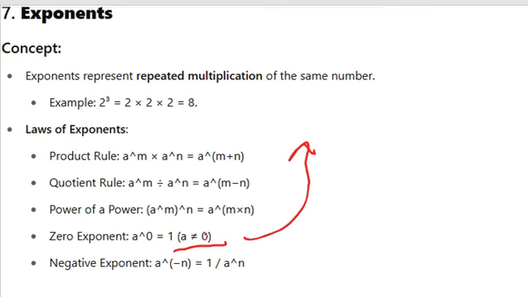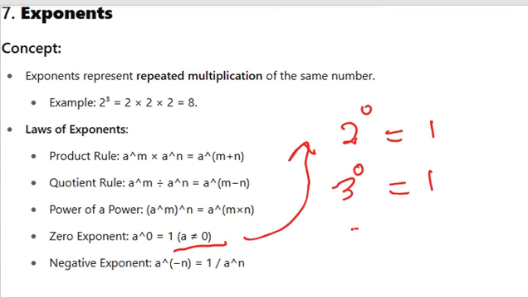So if you have 2 to the power of 0, this is 1. Any number a to the power of 0 is 1. X to the power of 0 is 1. Y to the power of 0 is 1. You must know this.